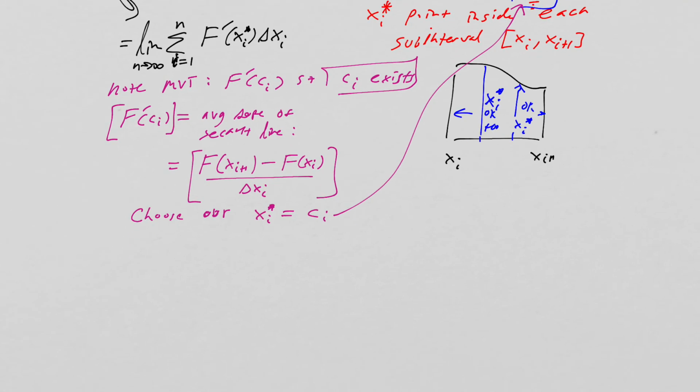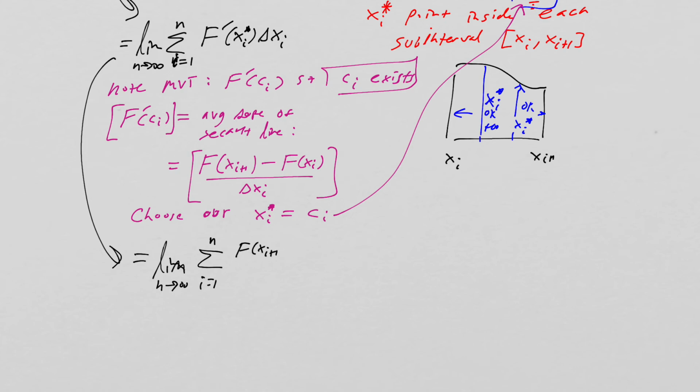All right, so that gives us the next part of our equation, or the next step in our process. We have limit of n goes to infinity of the sum i equals 1 up to n, and now we write f of xi plus 1, okay, minus f of xi all over delta xi times delta xi.